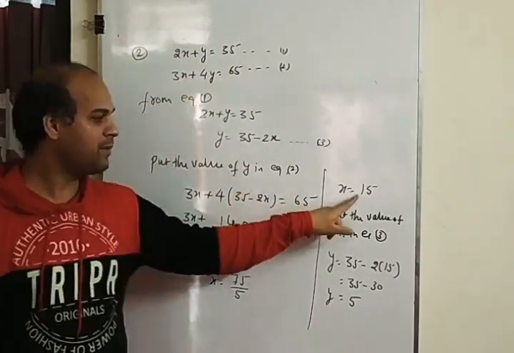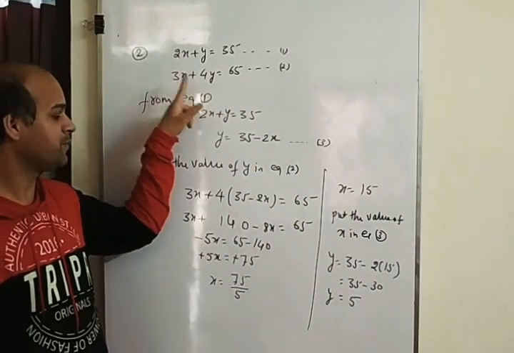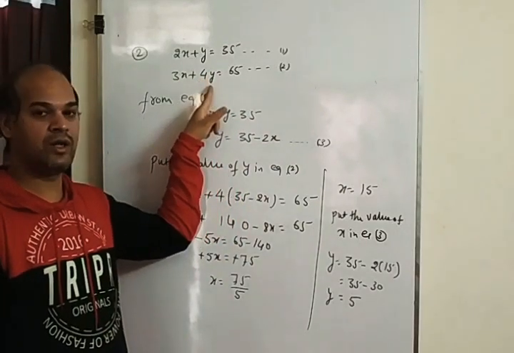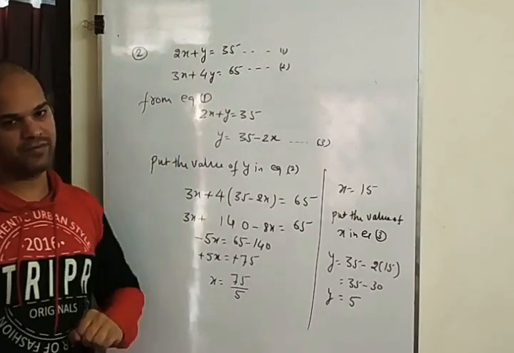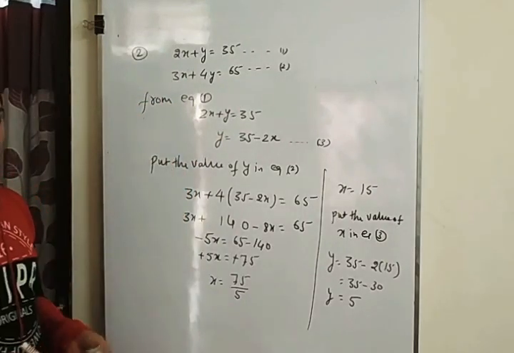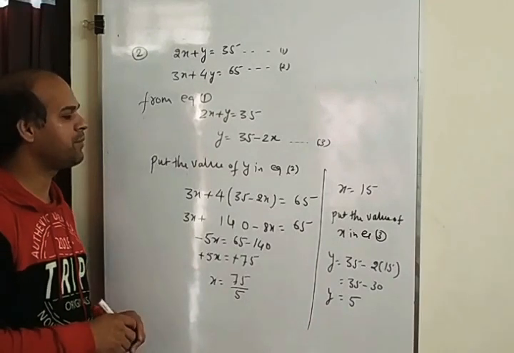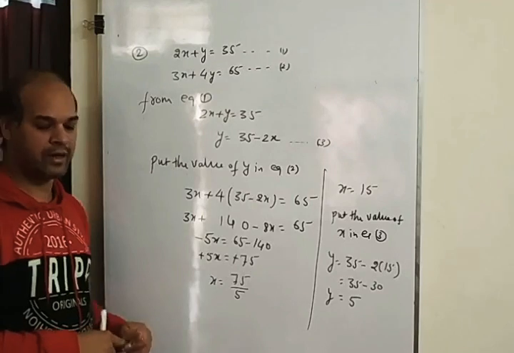Here also you can keep x equals 15: 3 times 15 is 45, and 4 times 5 is 20. 45 plus 20 is 65. That verifies your solution. That means your solution is correct.